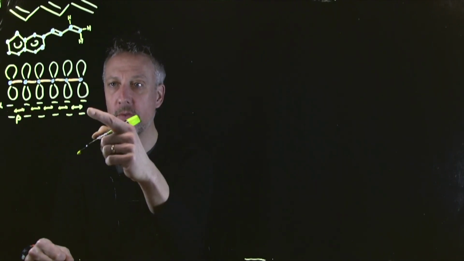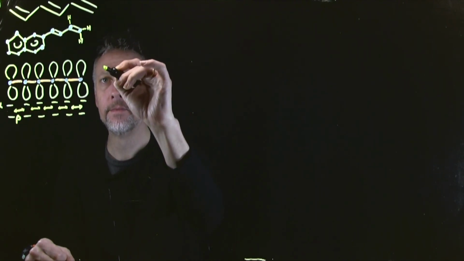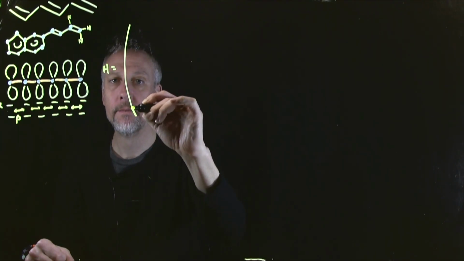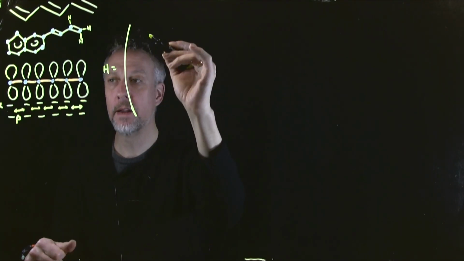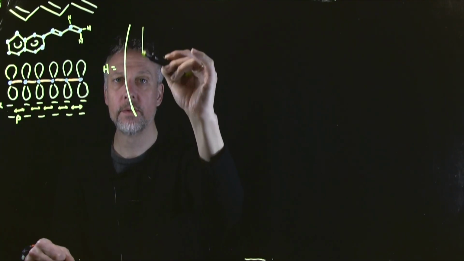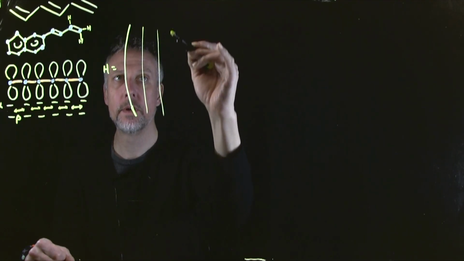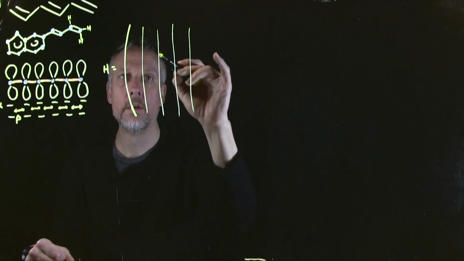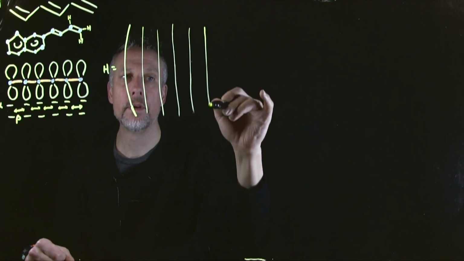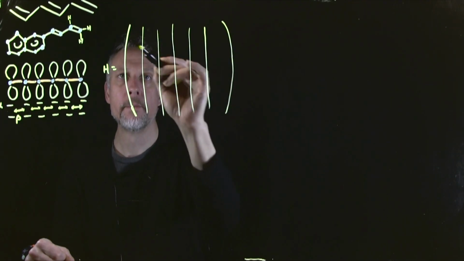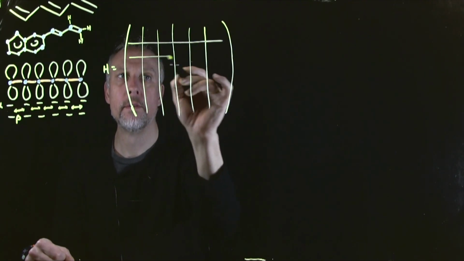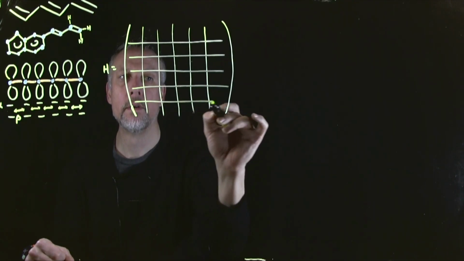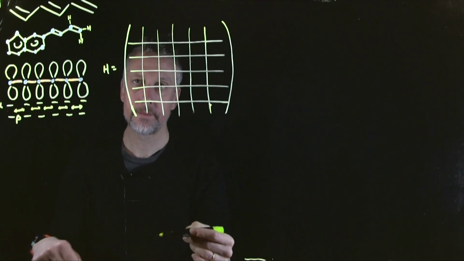What that means for this is we make a Hamiltonian that looks like alpha on the diagonal. How many elements are there going to be? There are going to be 6 elements: 1, 2, 3, 4, 5, 6.